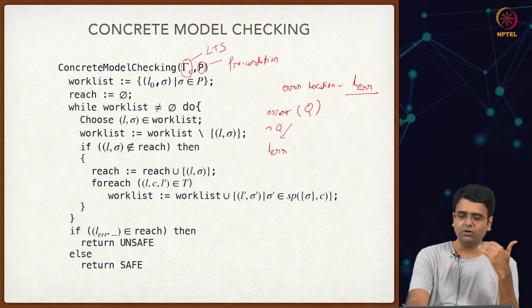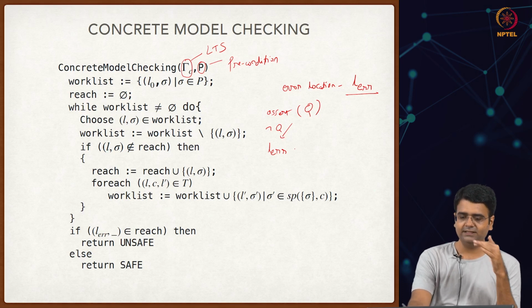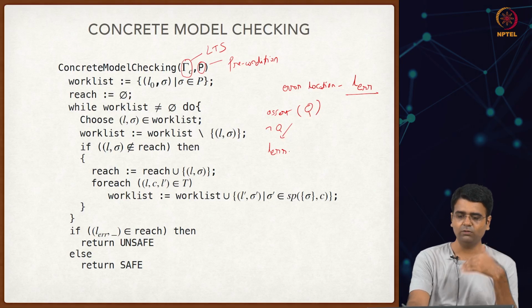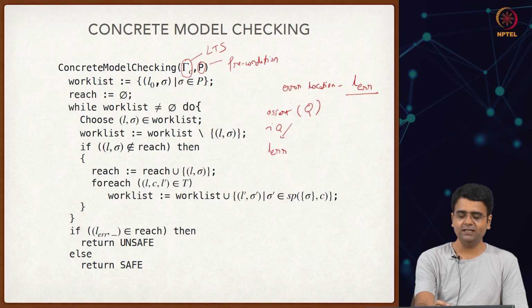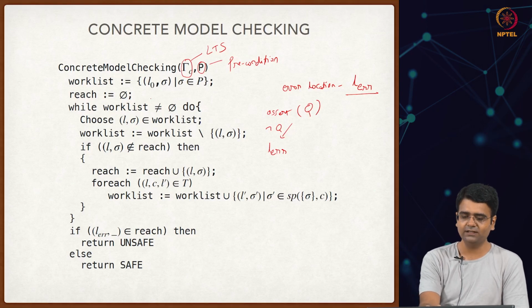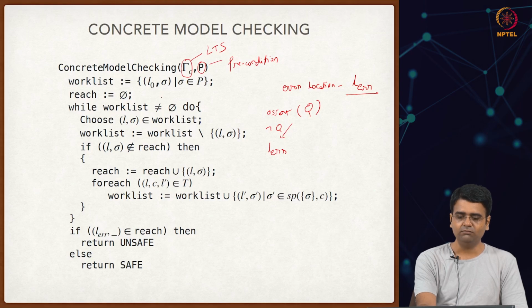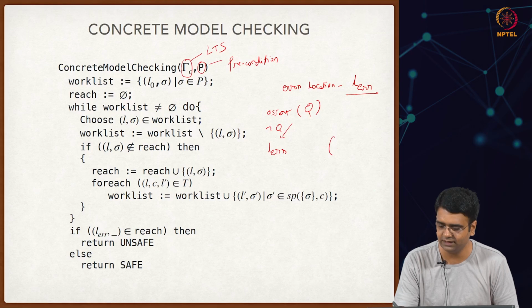What concrete model checking does is quite straightforward. It essentially executes the program concretely in the forward direction, and considers all possible executions of the program simultaneously. The way it does it is by maintaining this work list. So what is this work list? It is a set of pairs, where each pair is of this form: L and a state sigma.